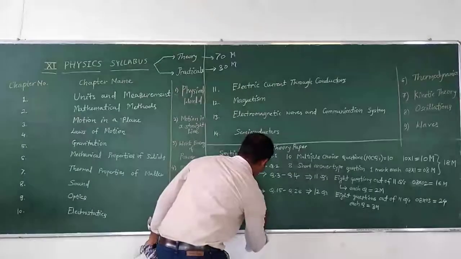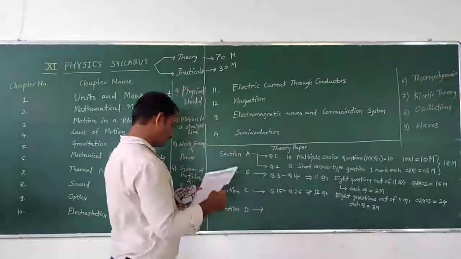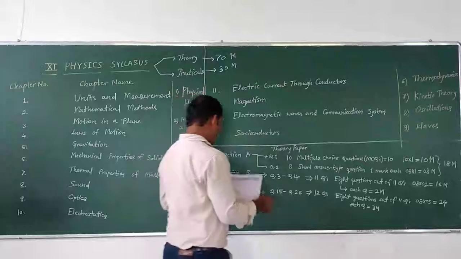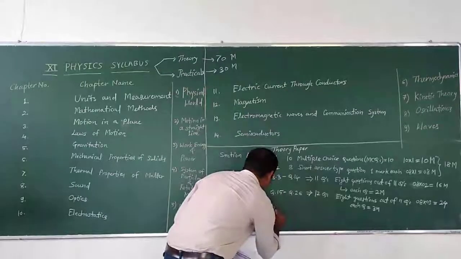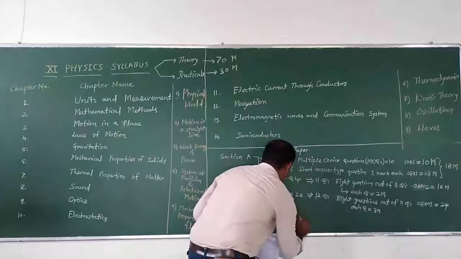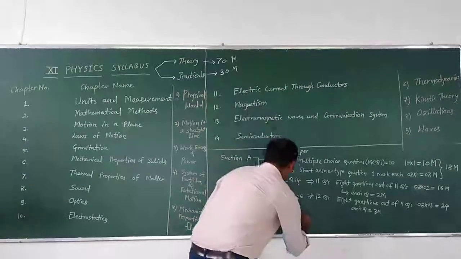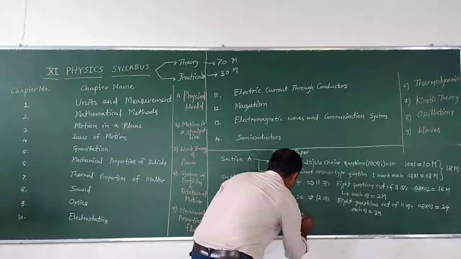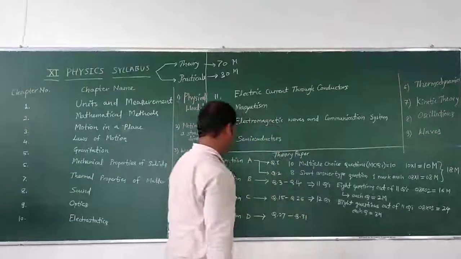Then section D. Section D will start from question number 27 to question number 31.